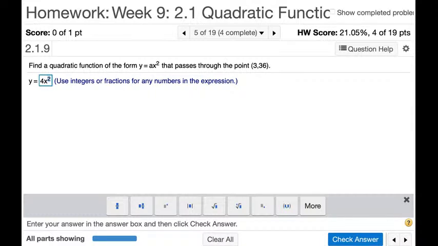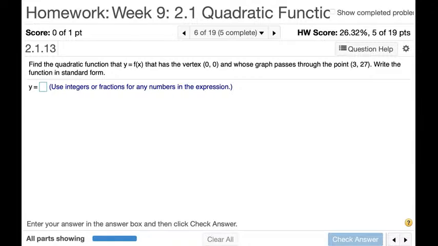Find a quadratic function that has this vertex whose graph passes through this point. Let me see, that's the x and the y. I'm going to write this one out. So this is section 2.1, question number 6. This comes from section 2.1, number 13.